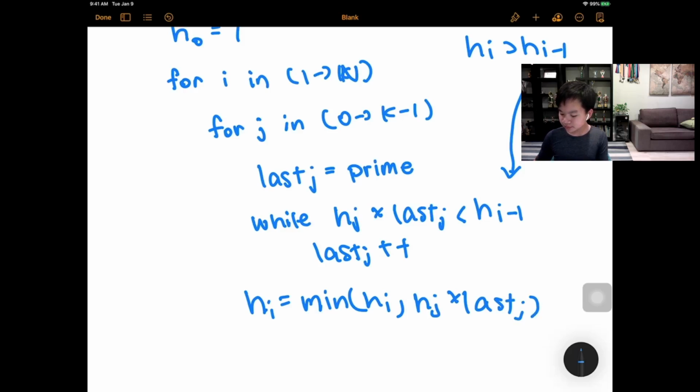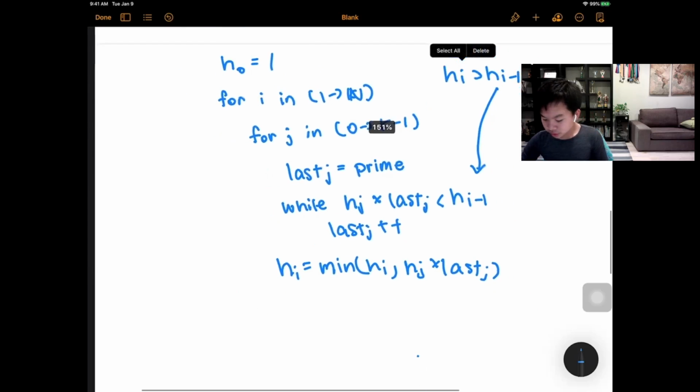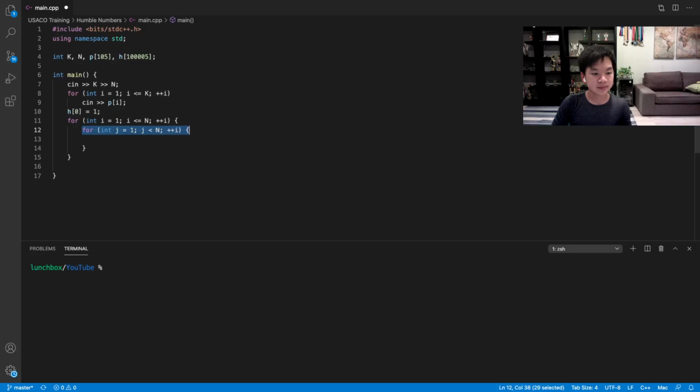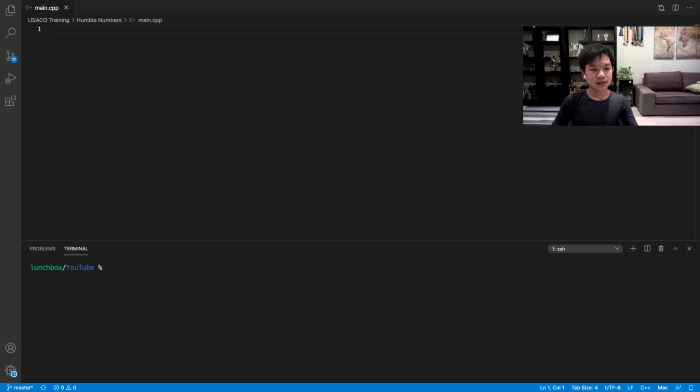Okay. So this algorithm would run pretty fast, which would pass the constraints as well. Okay. So let's include bits.